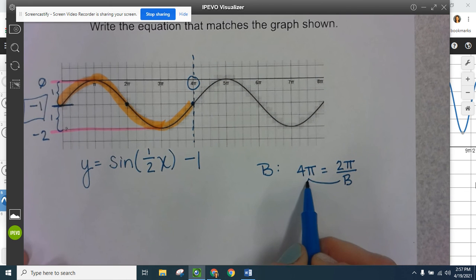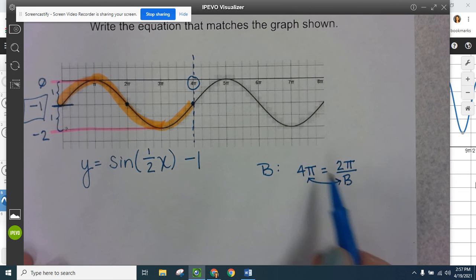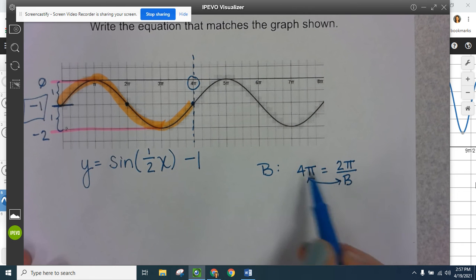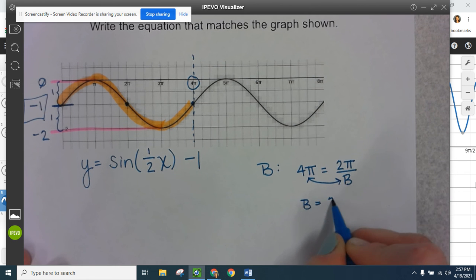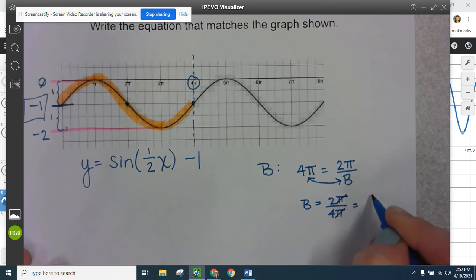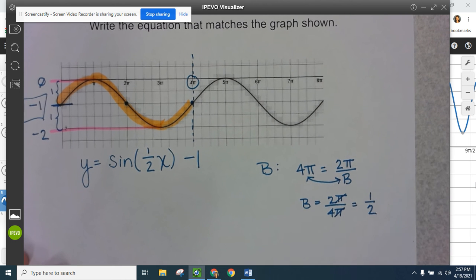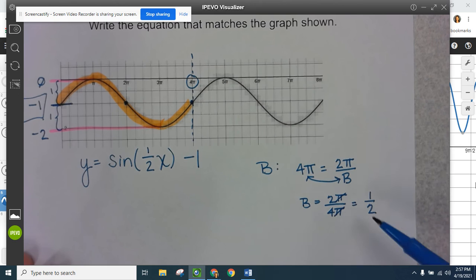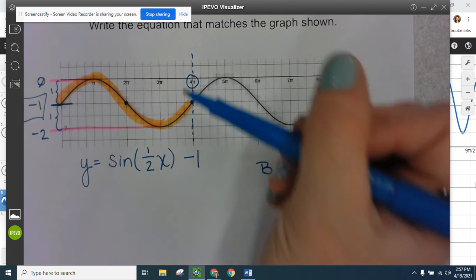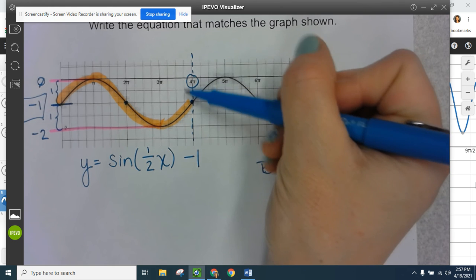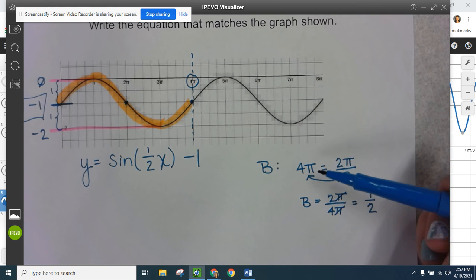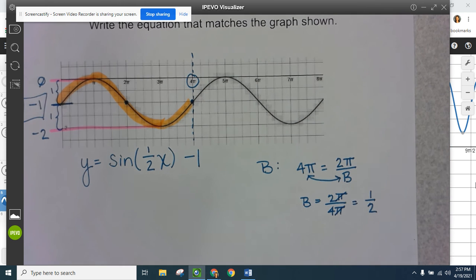Remember, if there's a variable in the denominator, I can switch what it's equal to, and so I'll have b is 2 pi divided by 4 pi. The pi's will cancel out to 1, leaving me with 1/2. That is another way. If you distinctly know the ending value for your period, you can work backwards to get b.